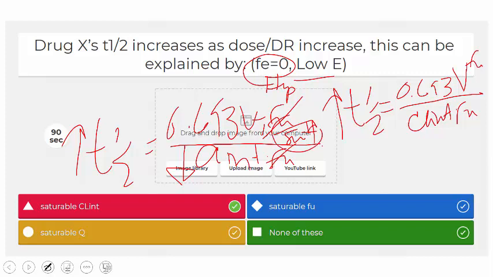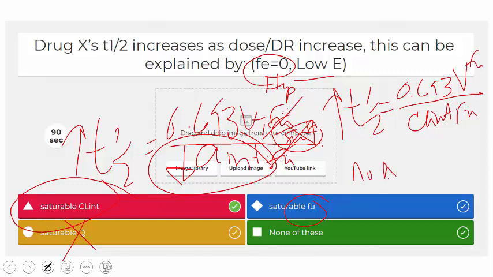This is going to decrease half-life, so it's got to be due to saturable enzymes, doesn't it? The answer here. Q is not saturable, so anytime you see saturable Q, you can cross that out right away because it isn't saturable. A saturable fraction unbound is going to affect both volume and clearance to the same extent, and so there will be no change in half-life.